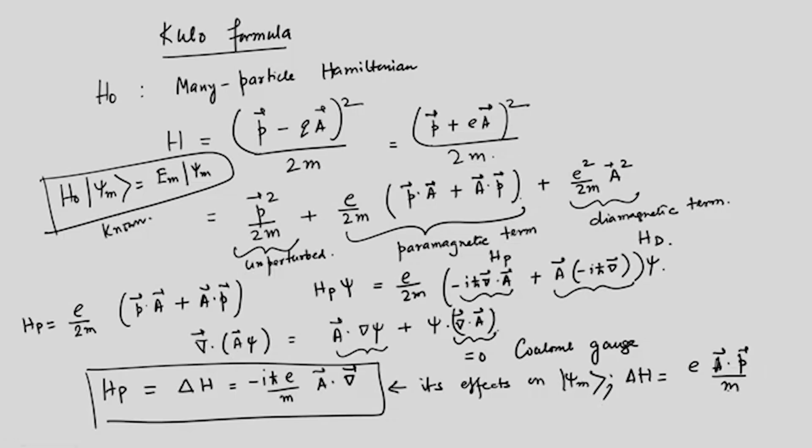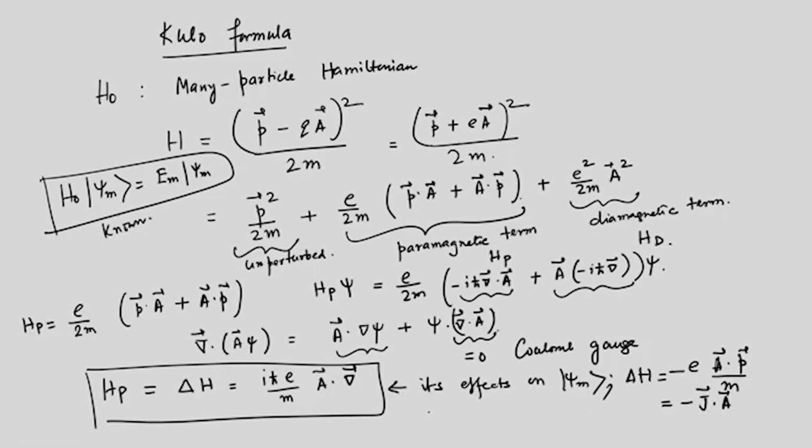So, P over m is V, and there is, I think, a sign that is missed here. There should not be any sign. So, there is a sign that comes here, and that tells you that P over m becomes equal to V, and then E into V becomes equal to the current density. So, this is actually equal to minus J dot A.